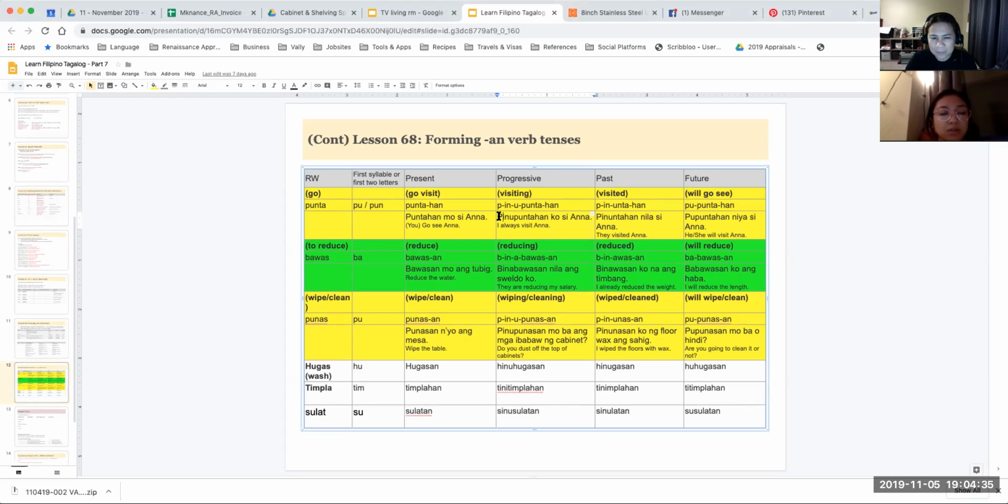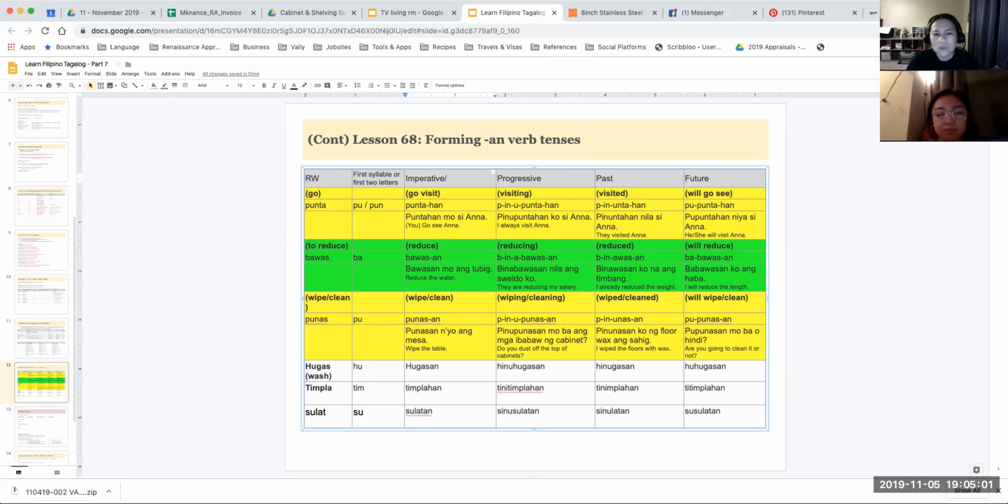Is the go visit kind of like imperative or infinitive? Yes, this is. Why is it present here? This should be imperative, not infinitive. Well, in English that is imperative, but it's imperative infinitive kasi nga we don't have two eh.